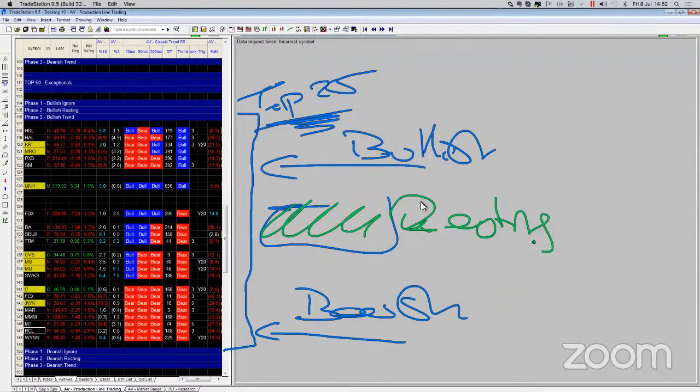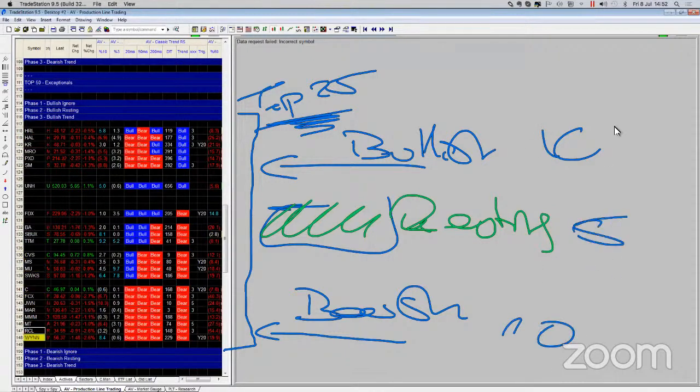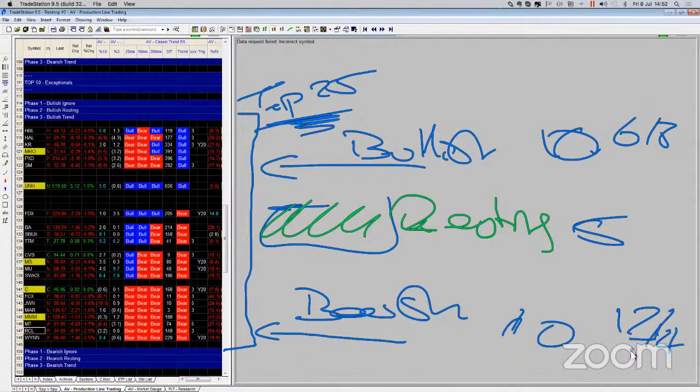Some of them are going to be resting, and there's usually a 60-40 split of open bullish and bearish trades. It depends on which way the market's going. If I'm looking at 25 stocks, there is approximately 10 bullish, 10 bearish, and there's going to be 5 in the middle. As we've already established, there's a little bit of a bullish to bearish bias. At the moment, it's probably about 12 to 14 on the bull side and 6 to 8 on the bear side, just because there's a natural bias at the moment because of what we're seeing.